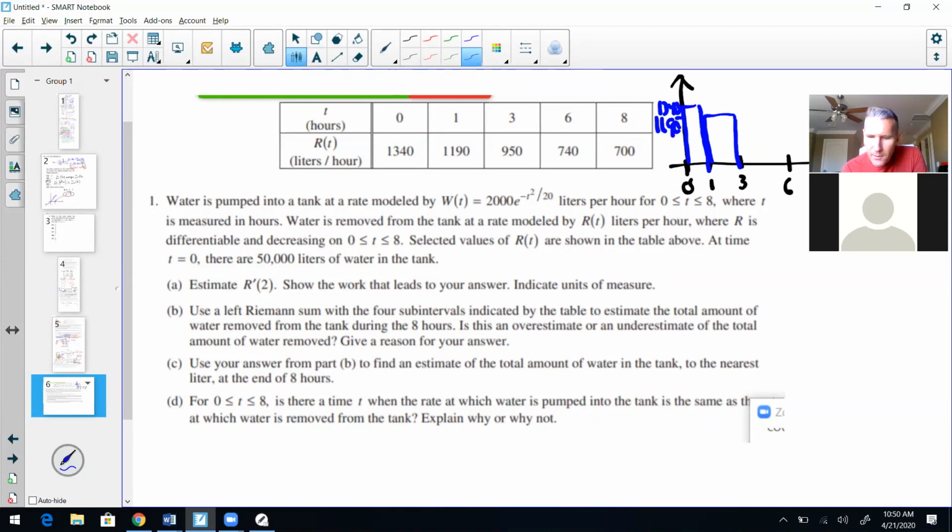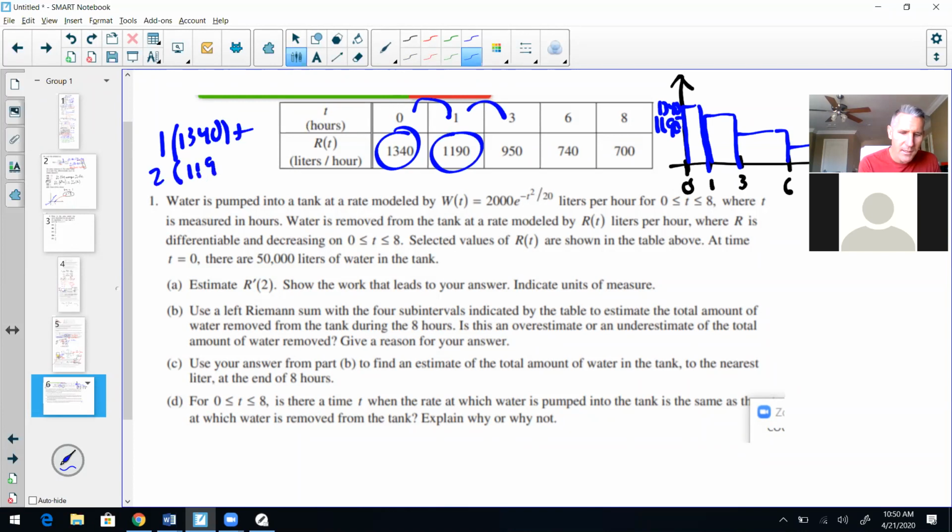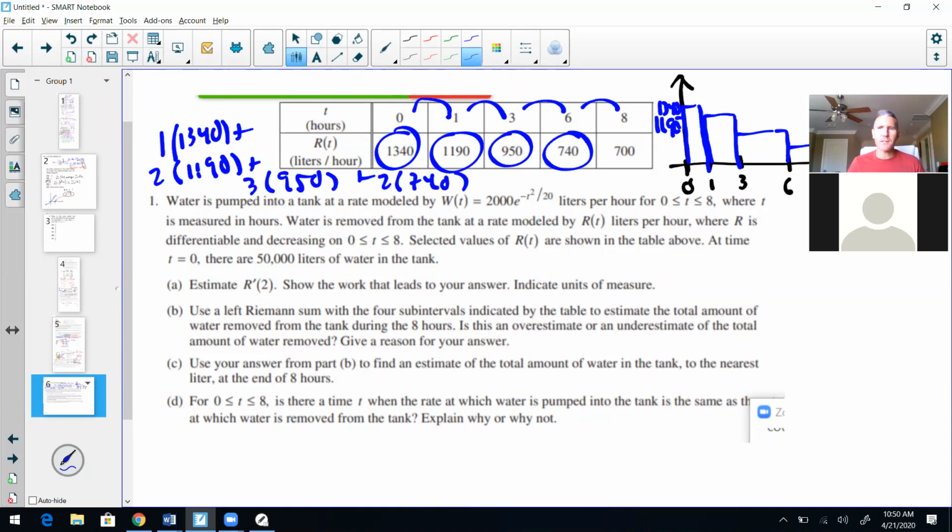This one, we'd go up here to 950 and then to 740. So it would be like this. So basically, it's going to be 1 times 1340 plus 2 times 1190 plus 3 times 950 plus 2 times 740. And that's going to give us the approximation that they're looking for in B.